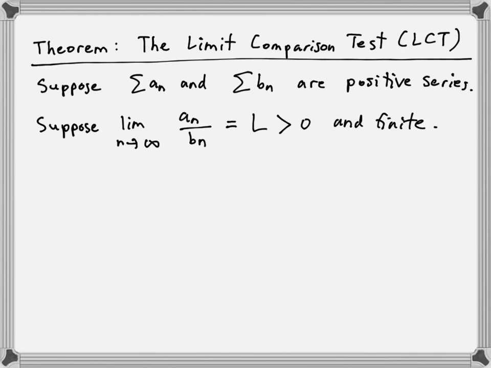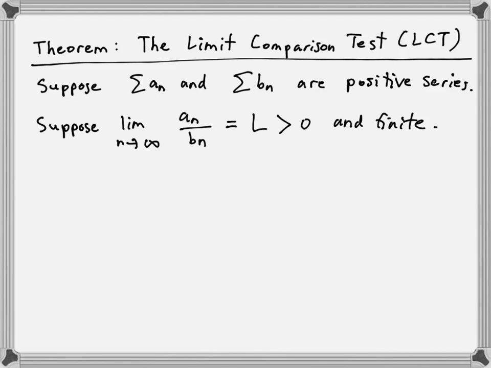So what we're saying is it can't be so small that it's 0, and it can't be so big that it's infinity. It's got to be some number in between, right? It might equal 20, it might equal 13, it might equal 1/5. It could be any positive number.